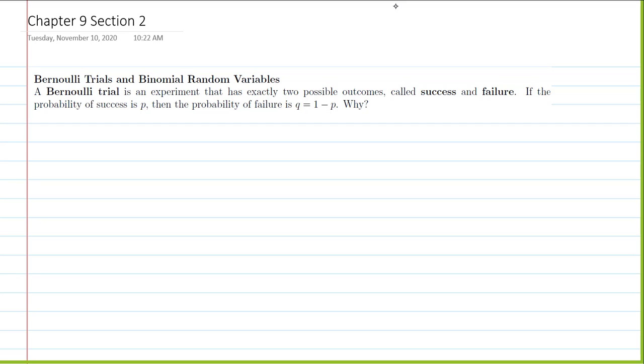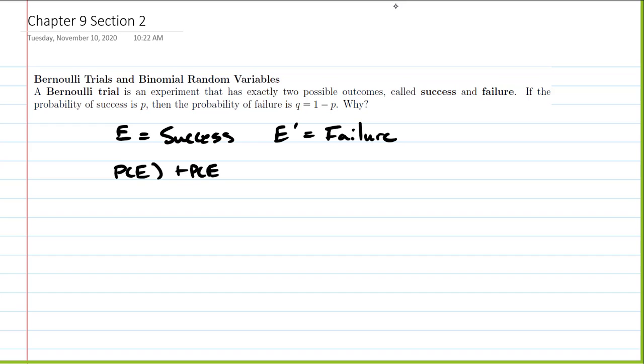So what is the size of our sample space? Our experiment has exactly 2 outcomes. What are they? Success and failure. So that means success and failure are actually complements. Right? So if you call your event E success, then E complement is equal to failure. And what do we know about the probability of E plus the probability of E complement?